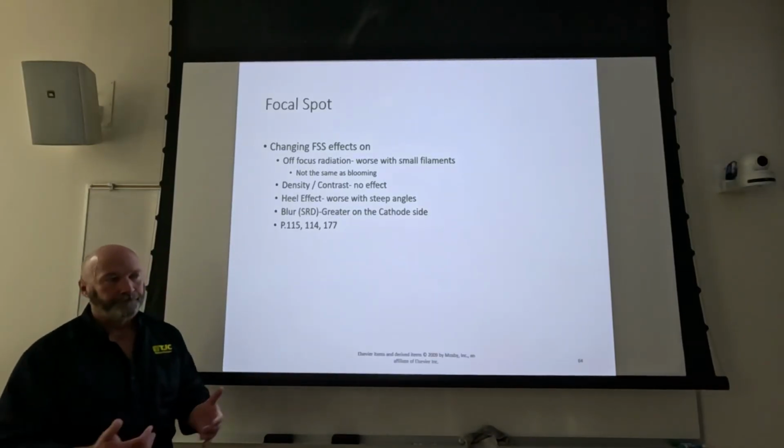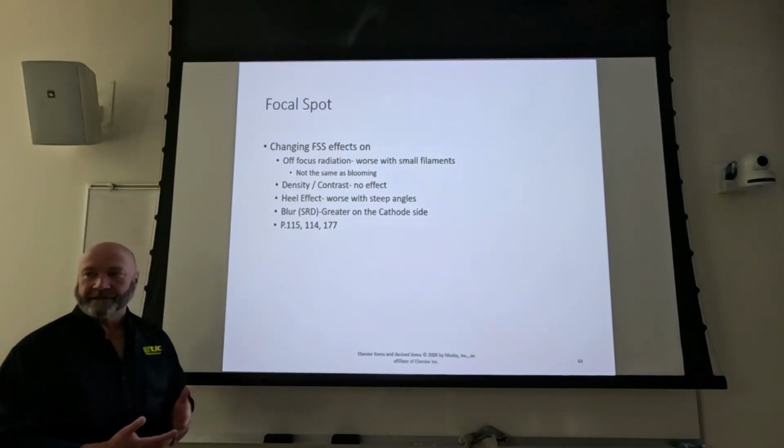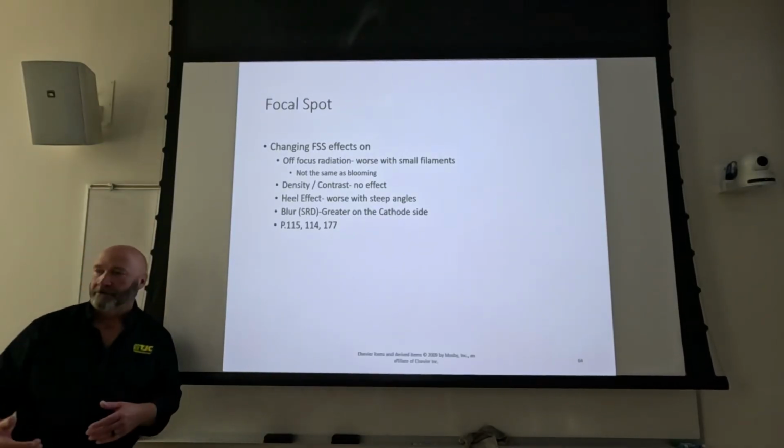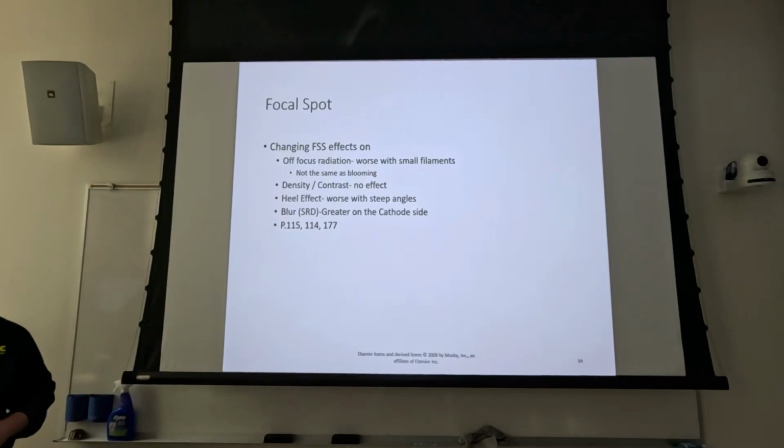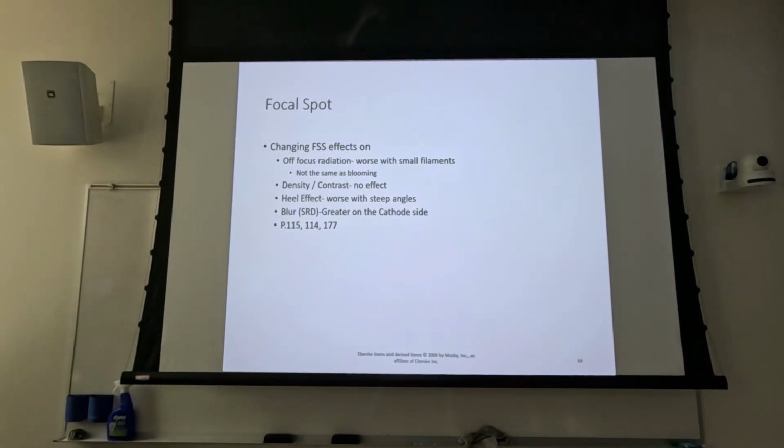Again, it's kind of like a divergence thing. As SID increases, divergence becomes less significant. Anode heel effect becomes less significant as well. The other thing is that the blur, inherent sharpness of recorded detail, is going to be greater on the cathode side. So you get better intensity on the cathode side, but you sacrifice some of the sharpness of recorded detail on the cathode side.